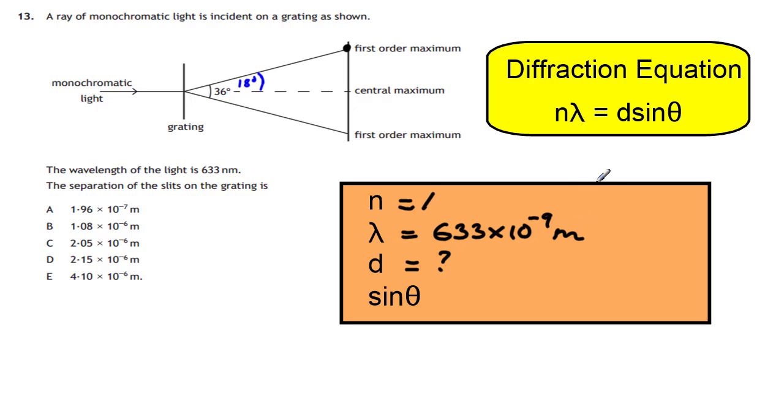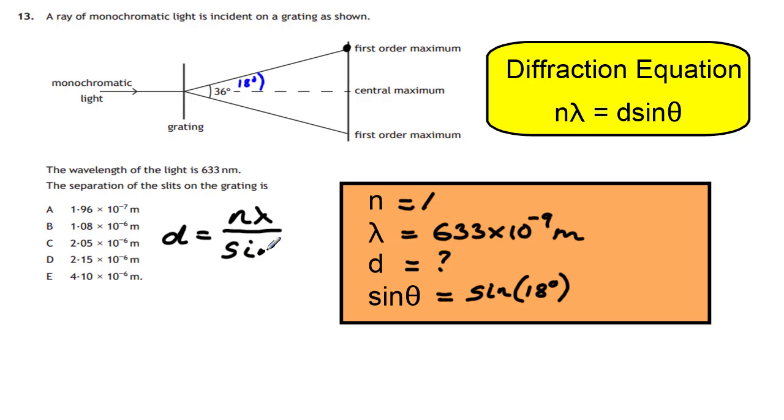Now, what's the angle? Well, we did make our first adjustment. The angle is not 36, but it's 18 degrees. So we have to work out sine of 18 degrees. I'll put that in a little bracket for you to work out. Okay, n lambda equals d sine theta. If you do your wee bit of rearranging, we have then that d has got to be equal to n lambda divided by sine theta.